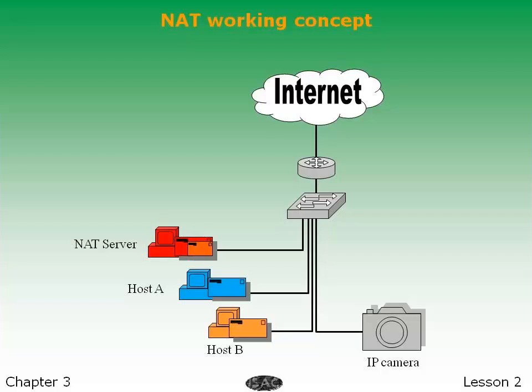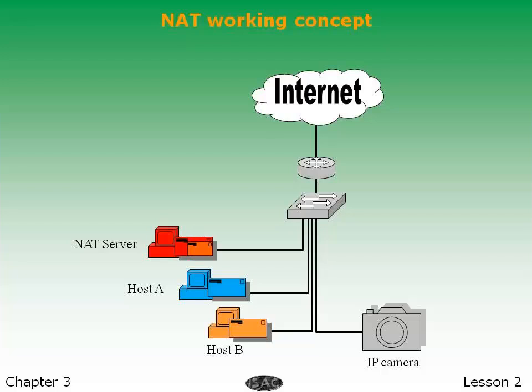All Internet packets have a source IP address and a destination IP address. Typically, packets passing from the private network to the public network will have their source address modified, while packets passing from the public network back to the private network will have their destination address modified.